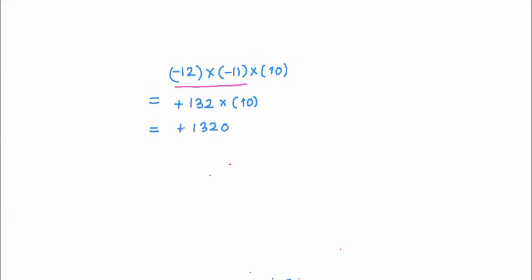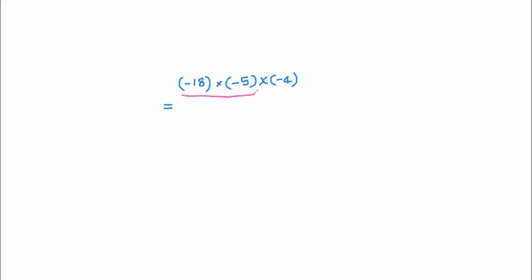So our final answer is 1320. We can check the sign of our answer. How many negative integers are there in this complete sum? We have two negative integers, an even number of negative integers. That means our answer has to be positive, and we have got it correct.